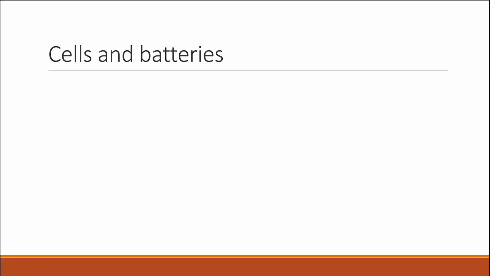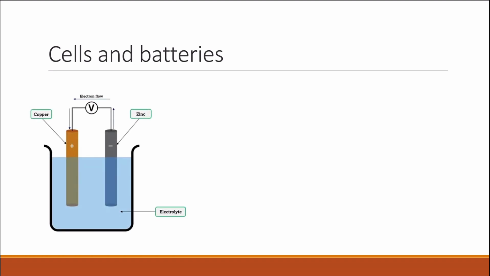So what is the difference between a simple electrochemical cell and batteries? A simple cell like this one is made by connecting two different electrodes, or two different metals, in contact with an electrolyte.